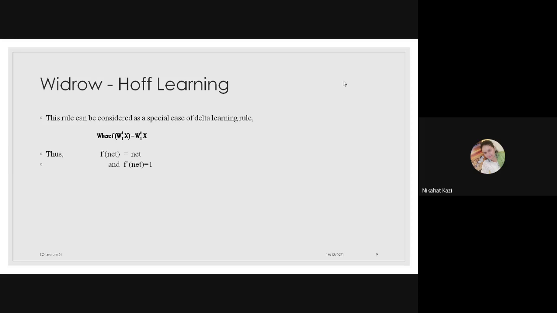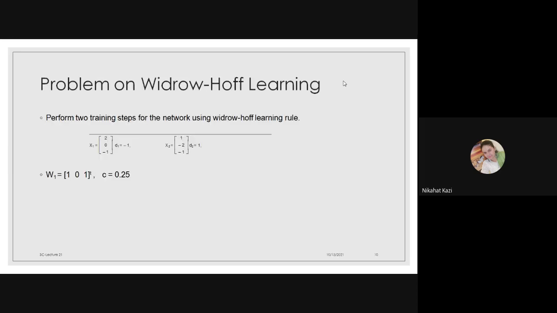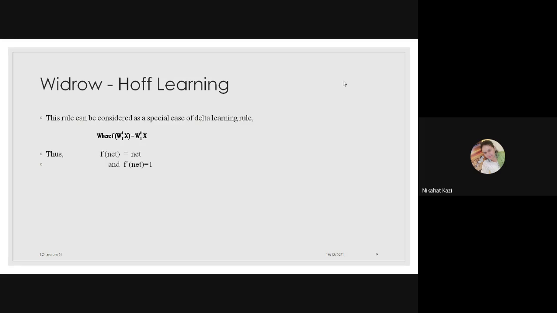Since f of net is net, f dash net is 1. So if you substitute f of net as net in the delta learning rule equation, then f dash net will be 1, and you come up with the Widrow learning rule.